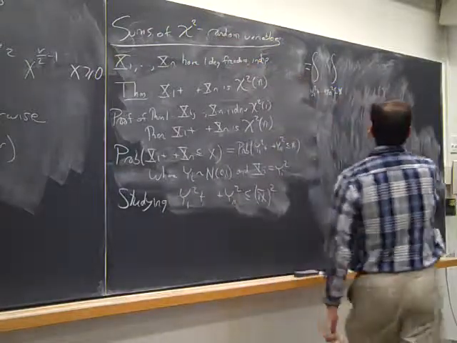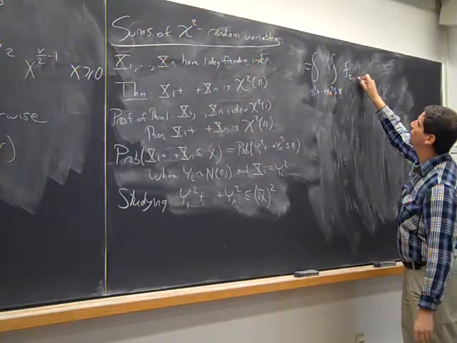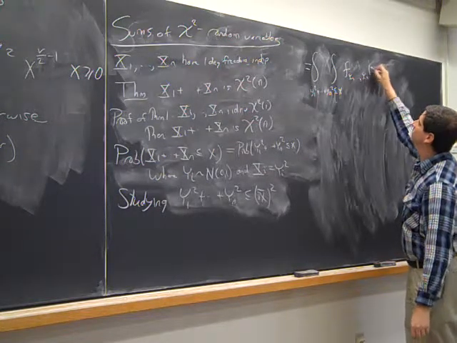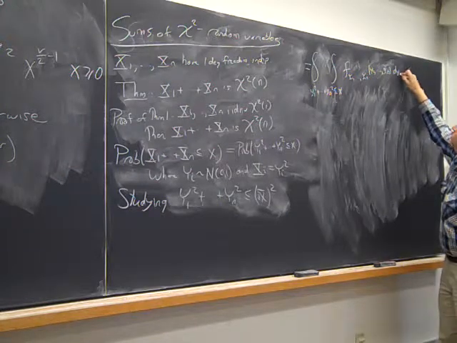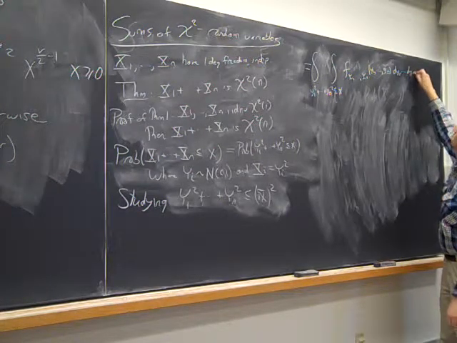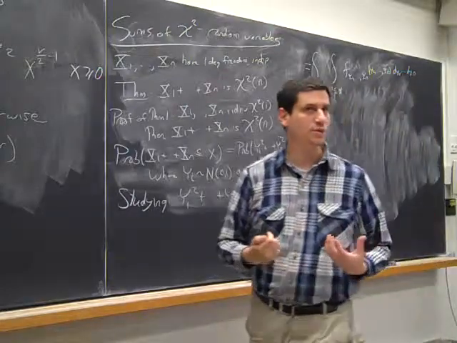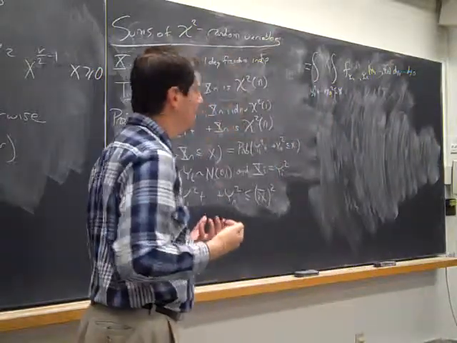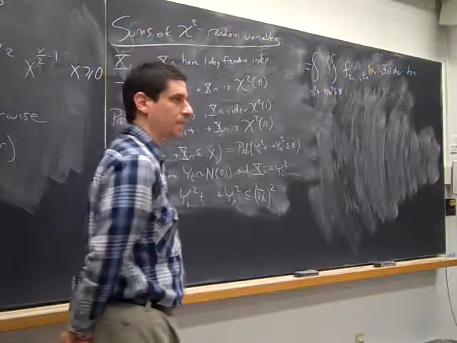So I'll write it very slowly. This is going to be the probability that the tuple y1 through yn, when I look at the sum of the squares, is at most x.